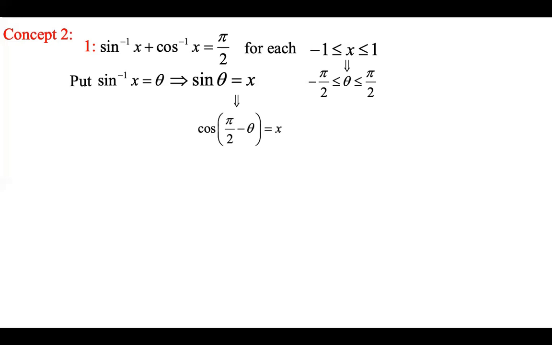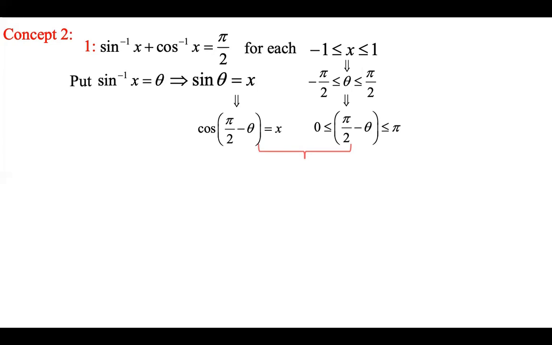But on this side, once theta is from minus pi by 2 to pi by 2, you can check that pi by 2 minus theta will be in the interval 0 to pi. Now observe these two lines. Here cos of something is equal to x, and that something, pi by 2 minus theta, is between 0 and pi.